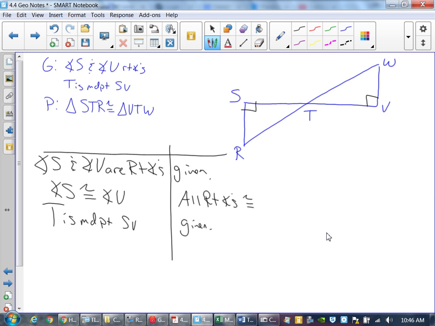So if T is a midpoint, what does it create? Two congruent segments. So if I go to the diagram, T is the midpoint of SV, that means this one and this one are the same. So I write it down. And I'm following my sheet.